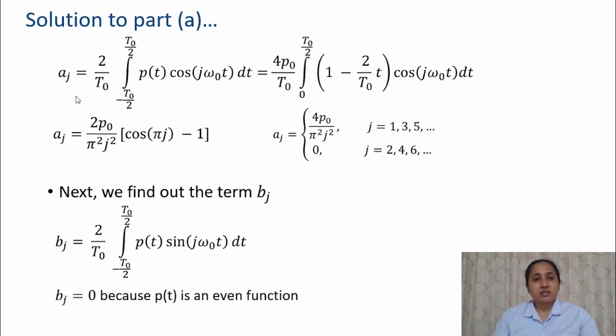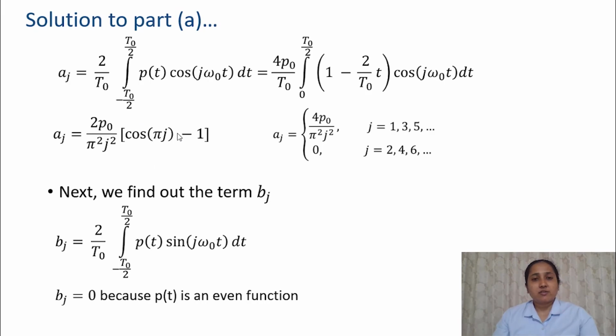So this aj is the amplitude of the jth harmonic, the cosine function, and the frequency of the jth harmonic will be j omega naught. So if you carry out this integral, we would get the value of aj as 2 p naught by pi square j square into cos pi j minus 1.